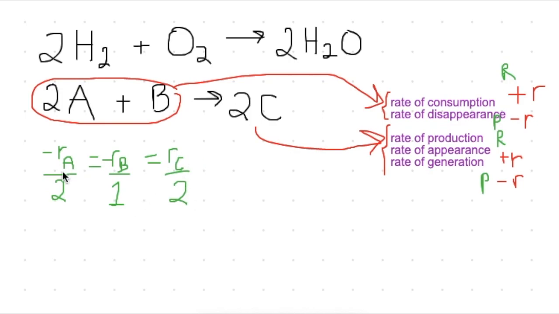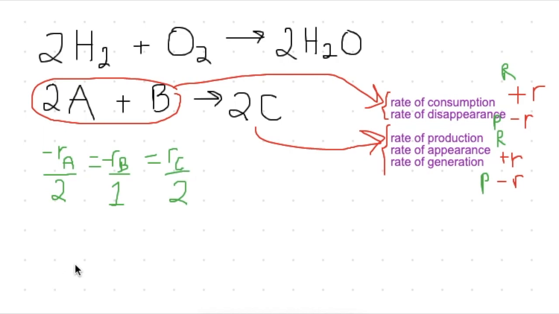Or the rate of consumption or disappearance of A divided by 2 equals the rate of consumption or disappearance of B divided by 1 equals the rate of production, rate of appearance, or rate of generation of C divided by 2. This is useful when you have to solve problems where you are only given the rate of one chemical, so we can use this equation to find the rate of all the other chemicals in our equation.